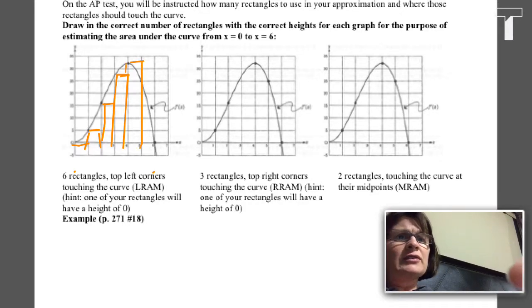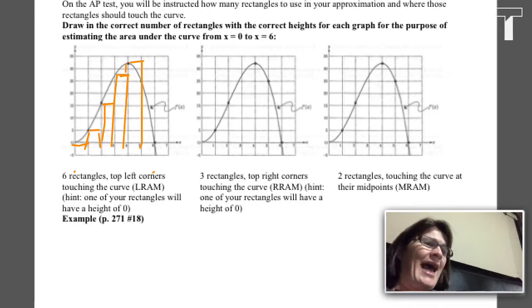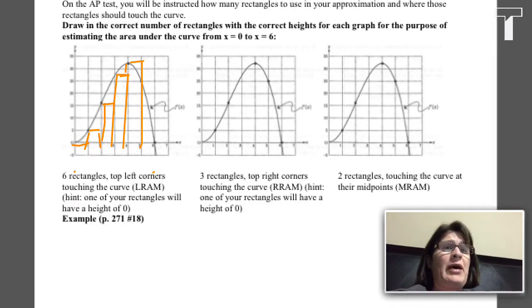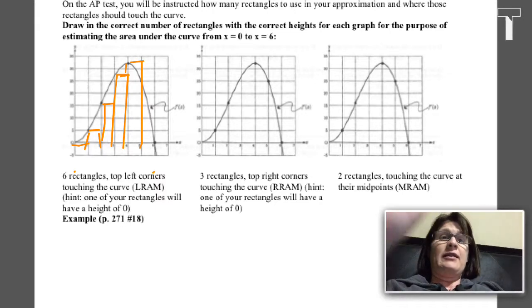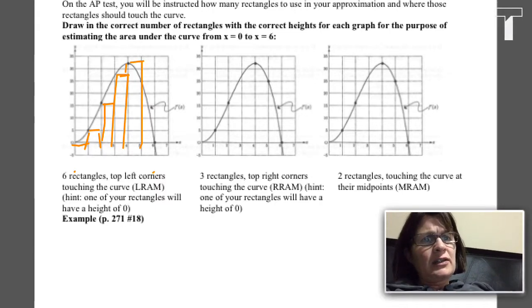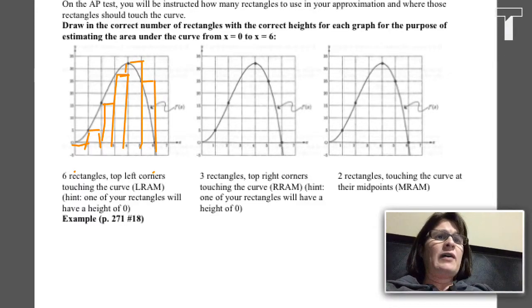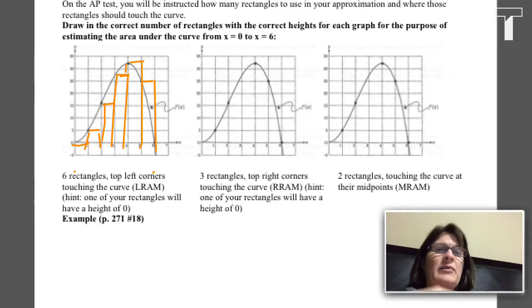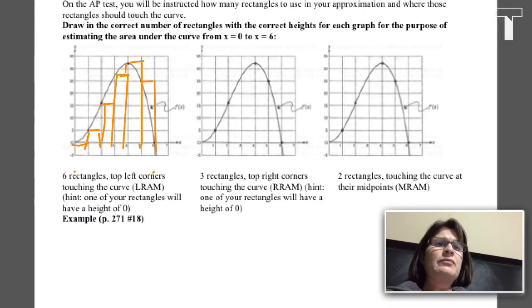All my other rectangles were a little too small to actually fit. This one happens to be a little too big, but I have to follow that pattern. I want the left-hand corner to touch the curve. So the rectangle that goes from 5 to 6 should have a function height that matches the curve height at x equals 5. Those are the 6 LRAM rectangles if I'm going to use 6 subintervals.